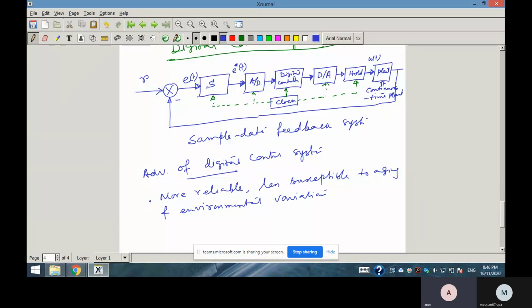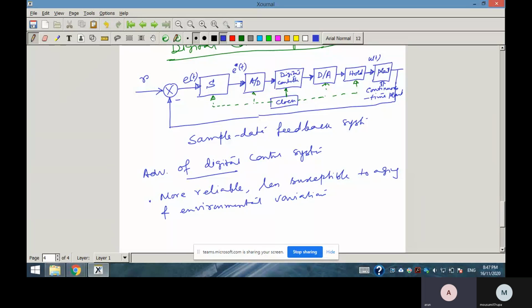That means with time you will see the op-amp gain may change, right? After many years the op-amp gain, because of some aging, some capacitor, some junction capacitor may change due to change in temperature, due to rust or something, over so many years.